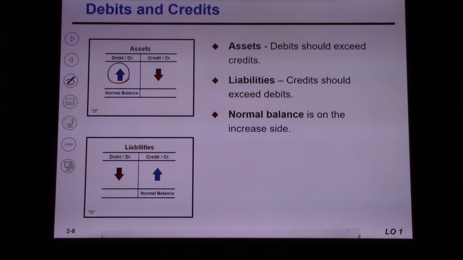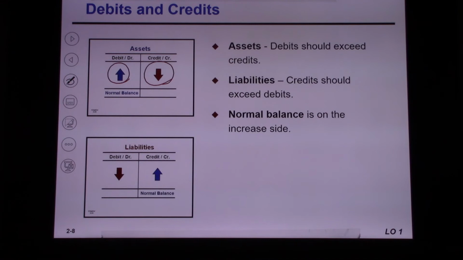Any increase in assets will be added or recorded on the debit side. However, any decrease in assets will be credited. What are assets? Assets are our cash, supplies, equipment, land, building, accounts receivable. All assets, when you increase them, you debit them.